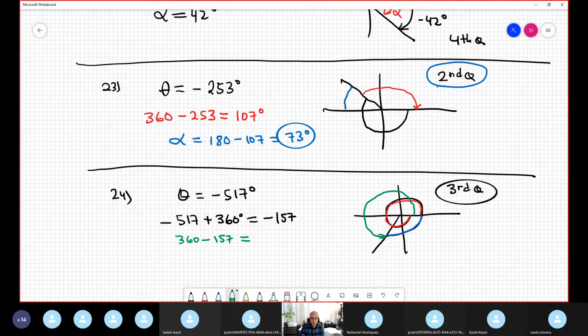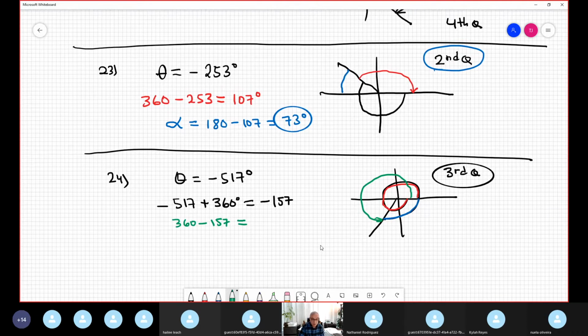In order to convert to positive, to see more clearly, it is 203. Makes sense because in the third quadrant, 203 is perfect. Now my alpha, let me use another color, blue, is the angle, and the angle is 203 minus 180. Now the formula in the third quadrant, guys: alpha is equal to theta minus 180.